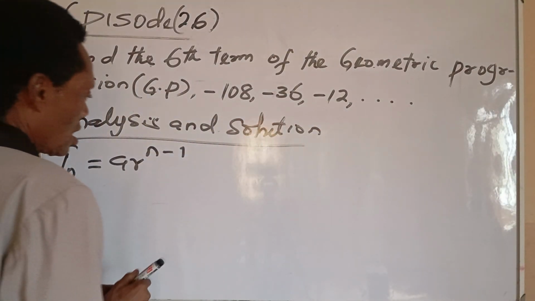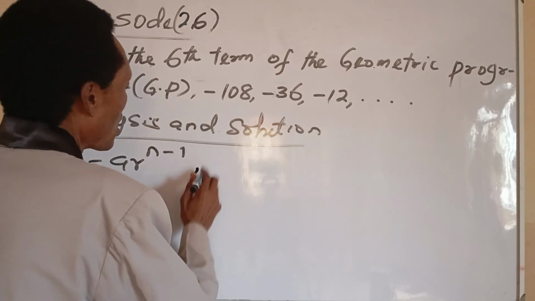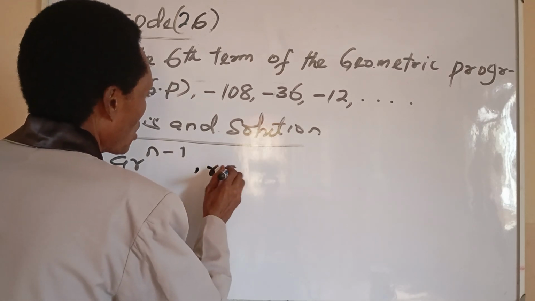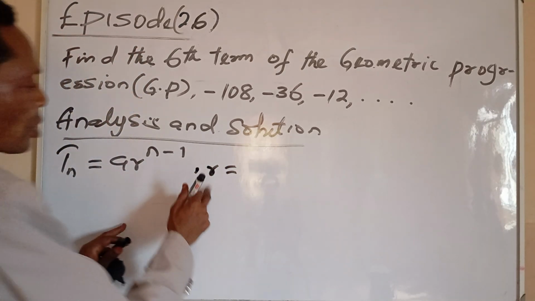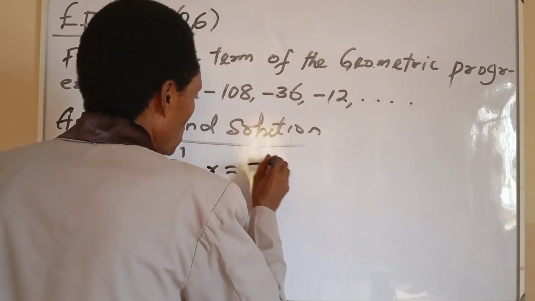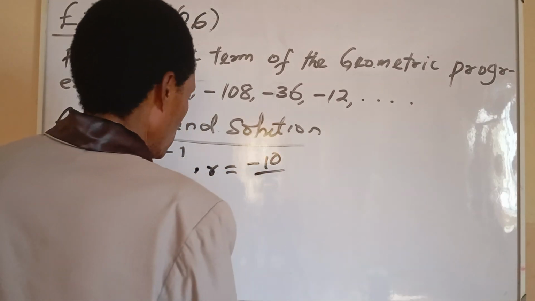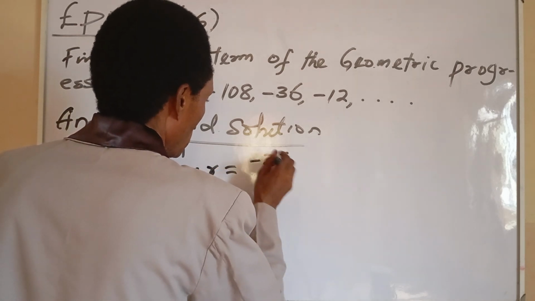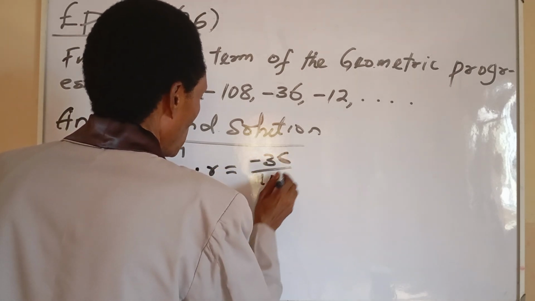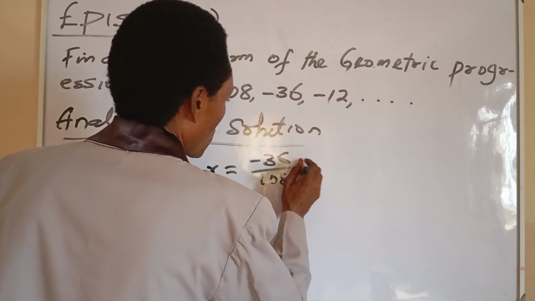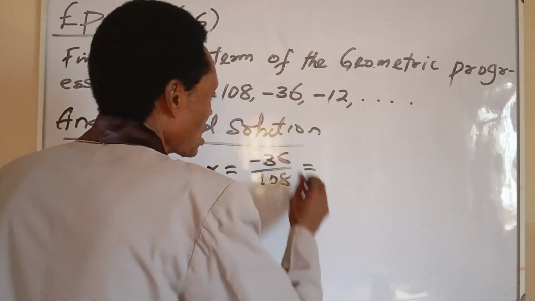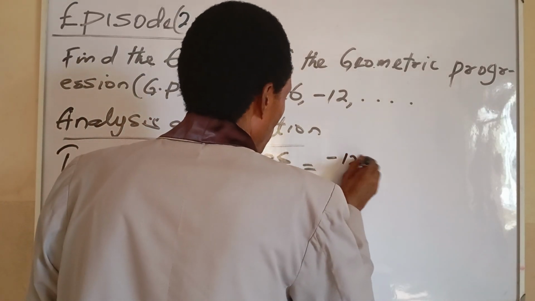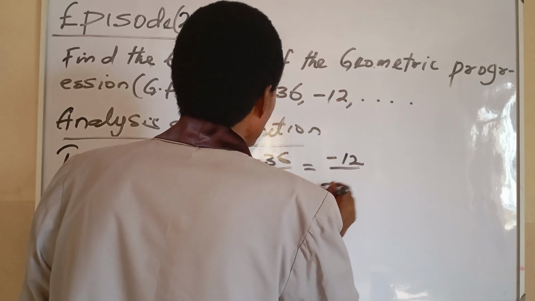Let's say our R here, which is the common ratio, is minus 36 all over minus 108, which is the same thing as minus 12 all over minus 36.